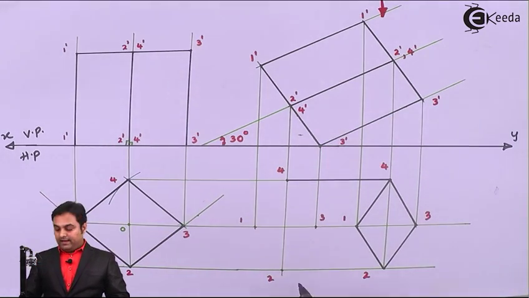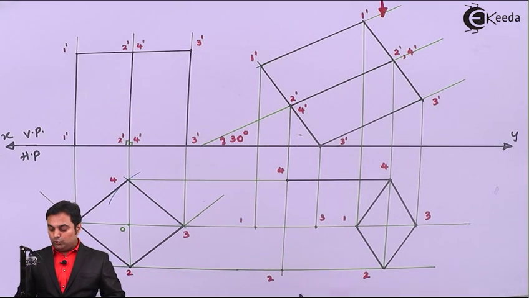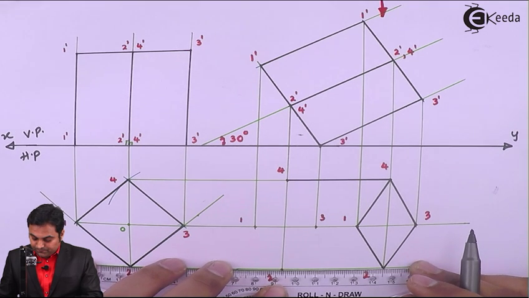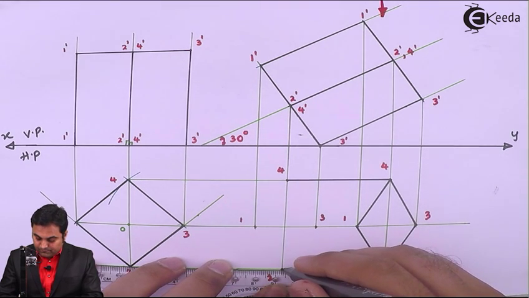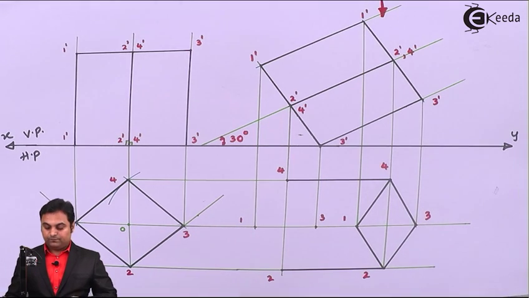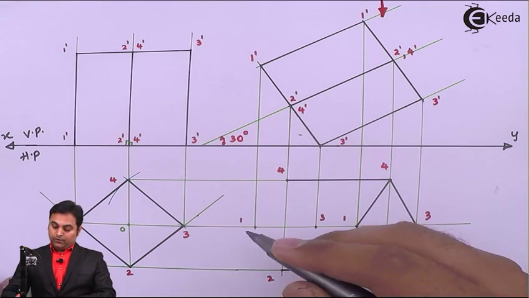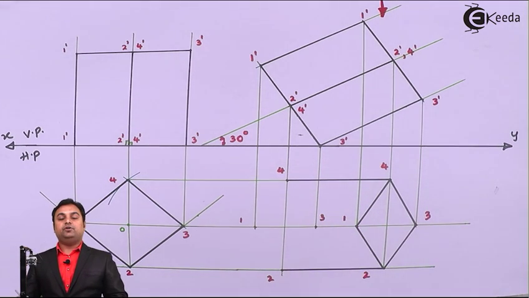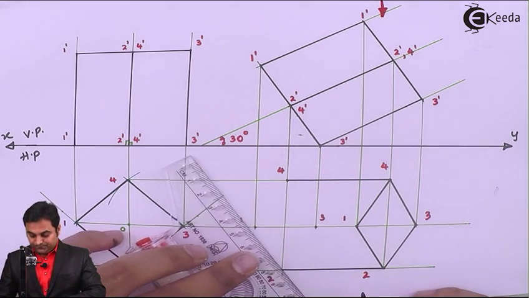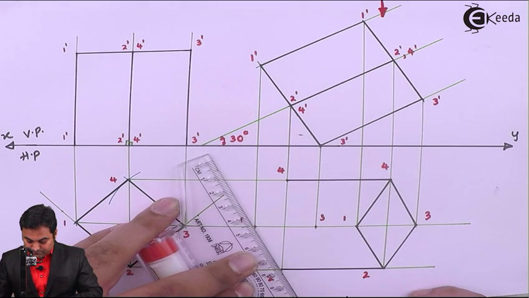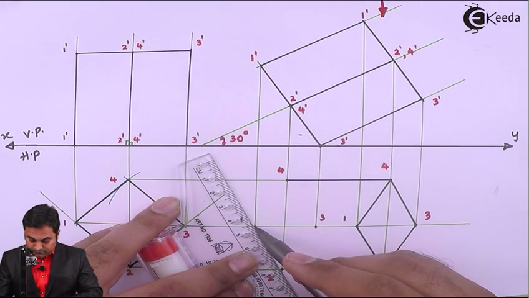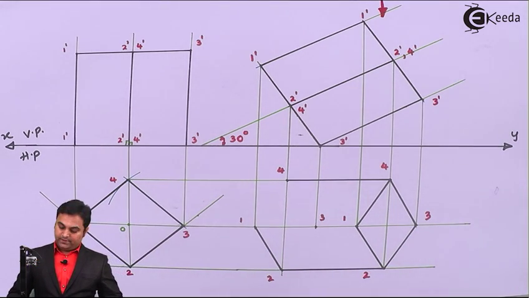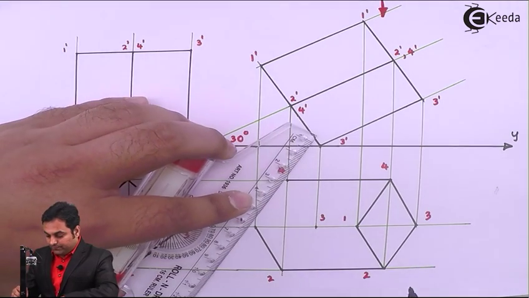Then edge, which is 2 2, will be connected with the help of a dark line. Next, 1 to 2 and 1 to 4 will also be connected with the help of a dark line because it is an outline. 1 to 2 and 1 to 4.